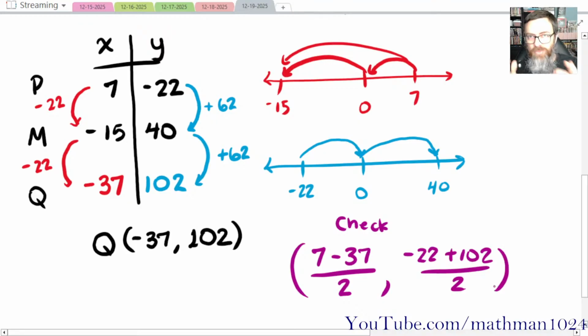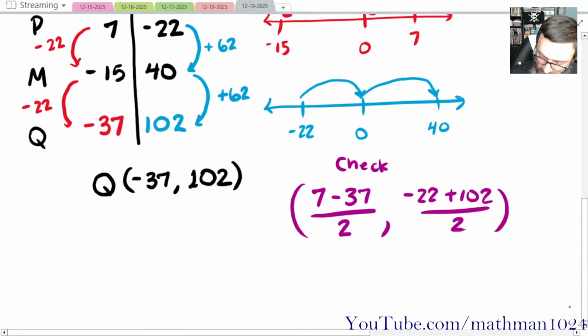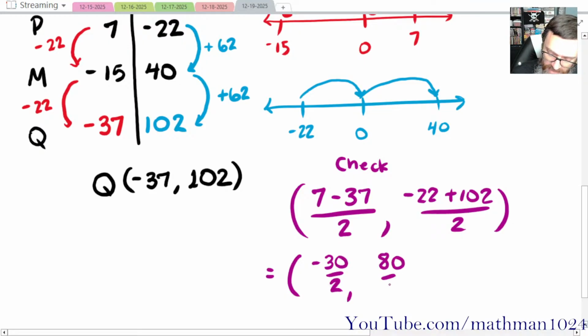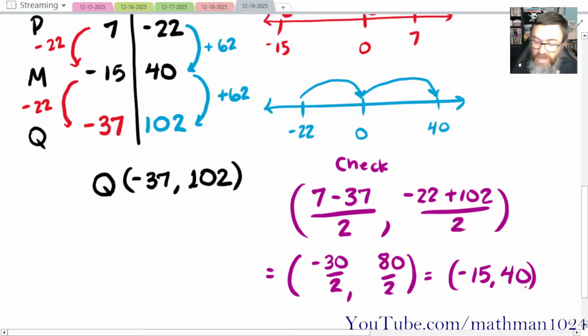Let's see if when I do this calculation, I still get the midpoint. All right, so this is negative 30 divided by 2. Negative 22 plus 102 is 80 divided by 2. And this gives me negative 15, positive 40. So it checks out.